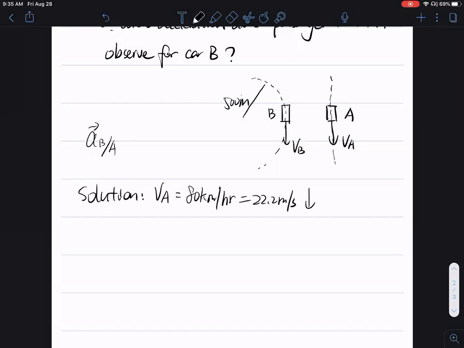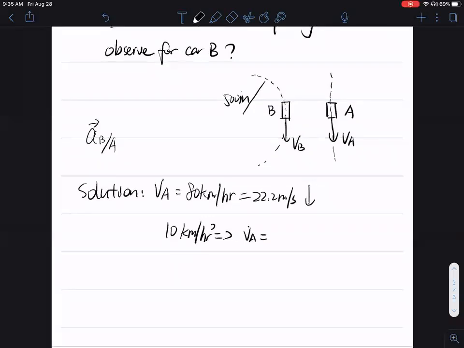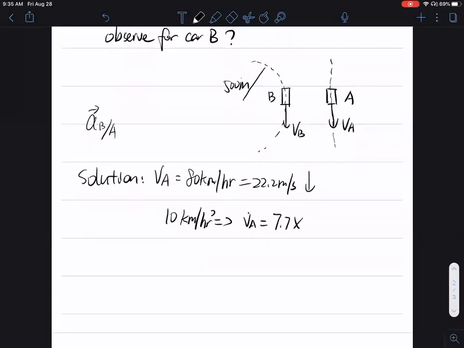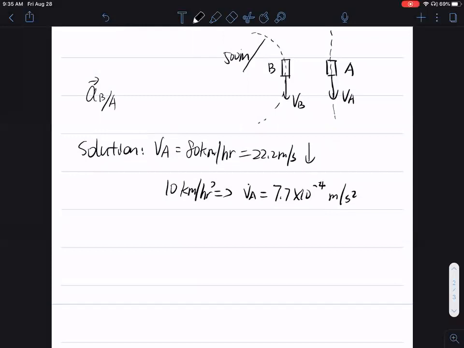Also, we know the acceleration. Now, let's change the word here: the rate change of speed. So we know car A is speeding up at a rate of 10 kilometers per hour squared. Converting that to meters per second squared, the rate change of speed of A is about 7.7 times 10 to the negative 4 meters per second squared.